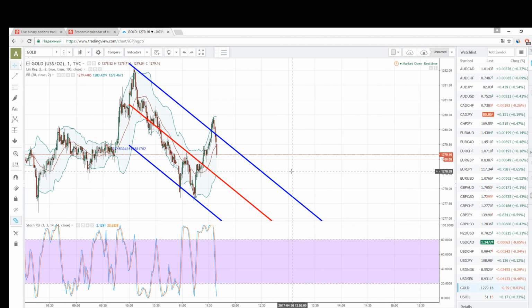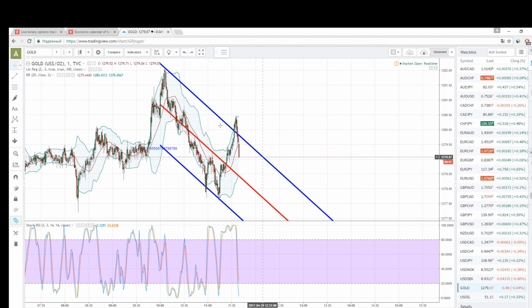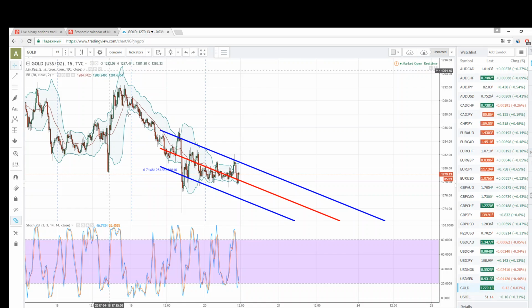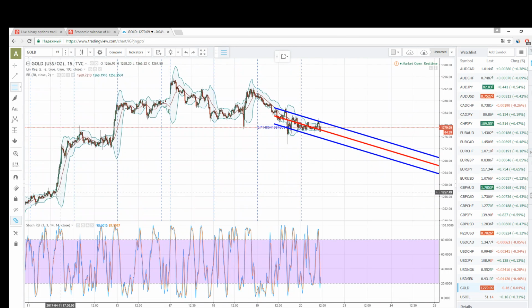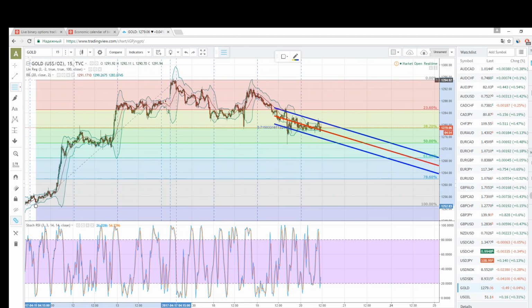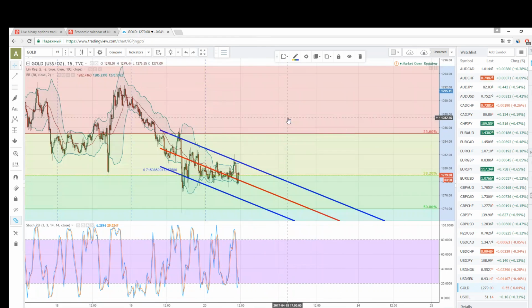Okay, that's gold. So let's put, let's say, 15 minutes time frame, and let's take several days. You see that the price is there near this current line.